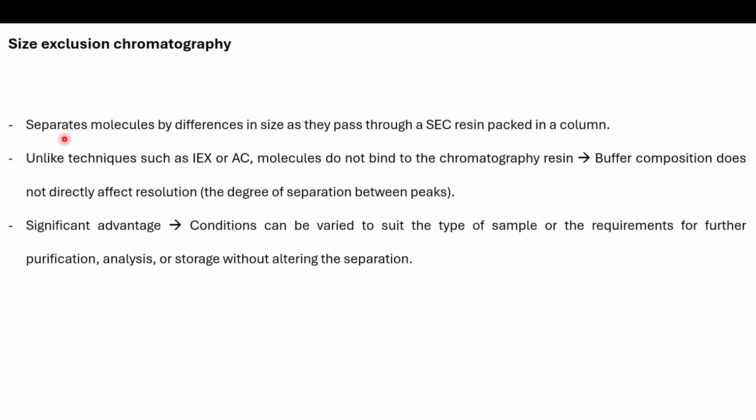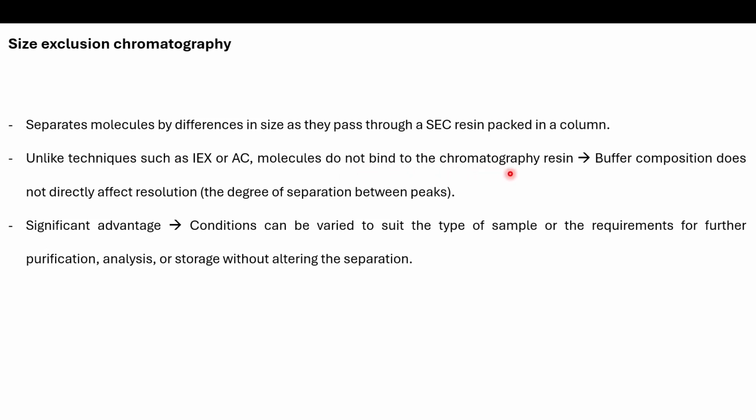It separates molecules based on the differences in size as the whole mixture of molecules passes through a resin, SEC resin packed in a column. We will look at what the different types of resins can be, how we can pack it, and all.